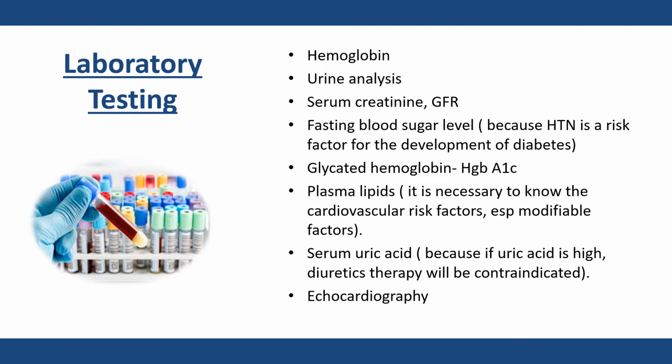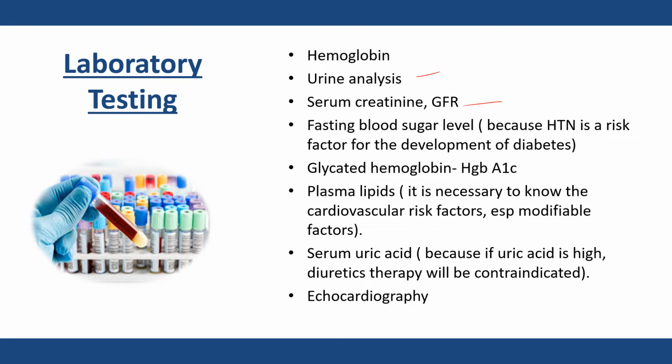Next is what kind of labs would you do? We usually do basic lab work, such as CBC, TSH, and we can do a UA. We need to know the renal status of the patient, so it's worth getting serum creatinine, eGFR, and so forth. And we can always order additional tests if they're indicated in any other settings.